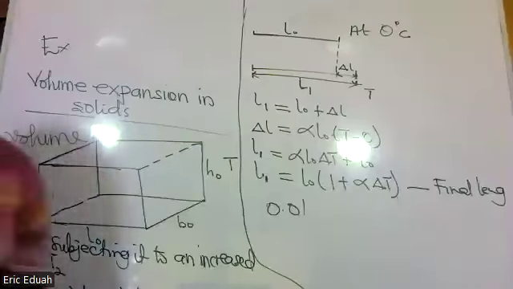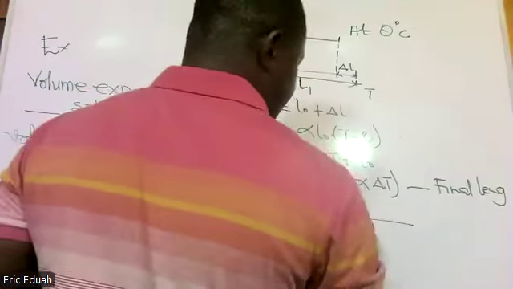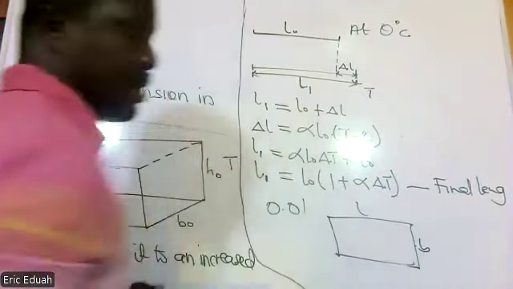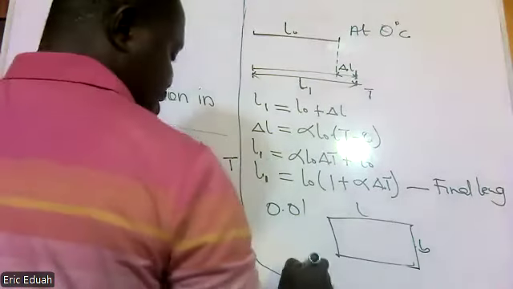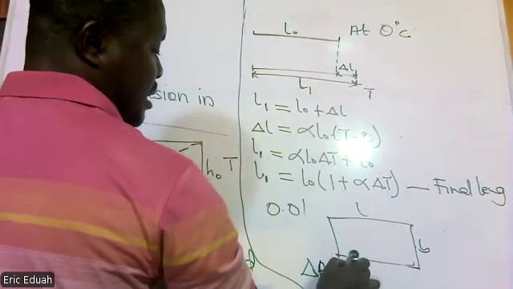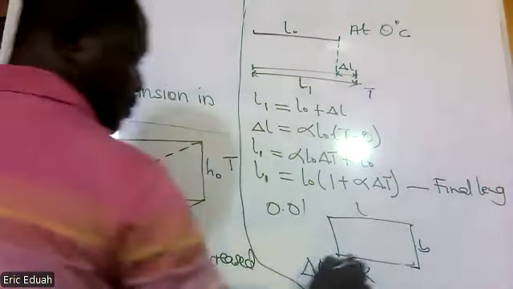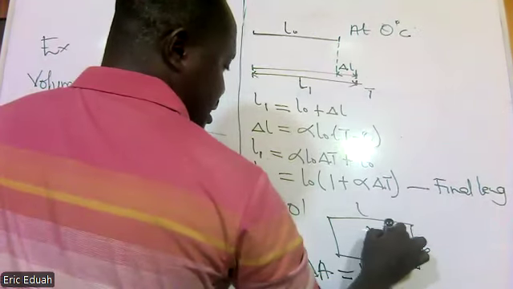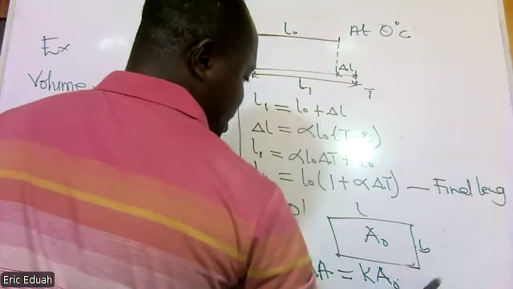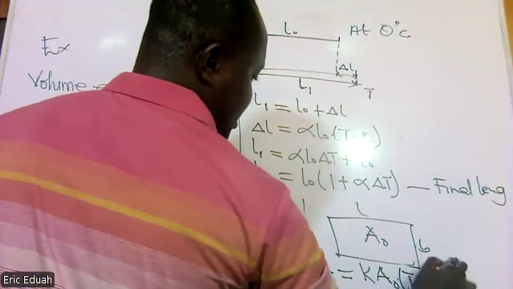Then we looked at area expansion. If we have a two-dimensional figure, length, breadth, we came to the realization that the change in area is equal to a constant of proportionality times the original cross-sectional area A naught times the change in temperature, T final minus T initial.